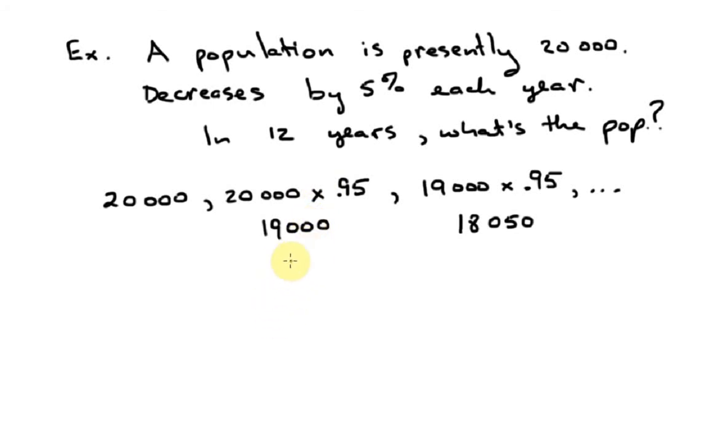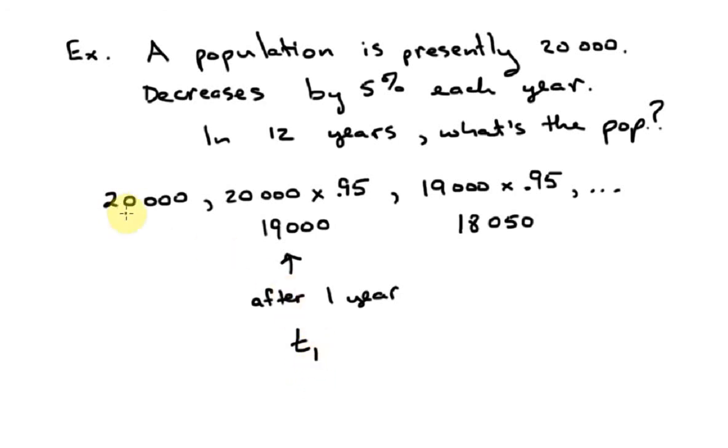First of all, this 19,000, this is after 1 year, right? So after 1 year, that's our population. So wouldn't it be nice if we kept our sequence kind of in sync with the number of years? In other words, why don't we call this term 1?